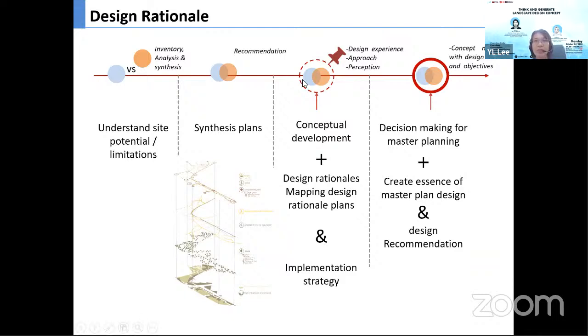Okay. Coming to the final part, on your master plan, it is time for you to make decisions. You create the essence of a master plan, and please also put in your design recommendation. If you have a design recommendation and implementation strategy, I think your lecturers or supervisors will give you bonus marks. It's your outcome.